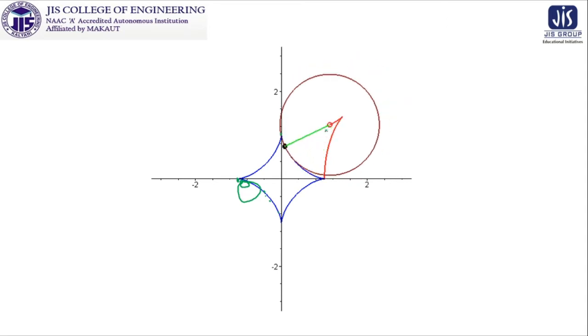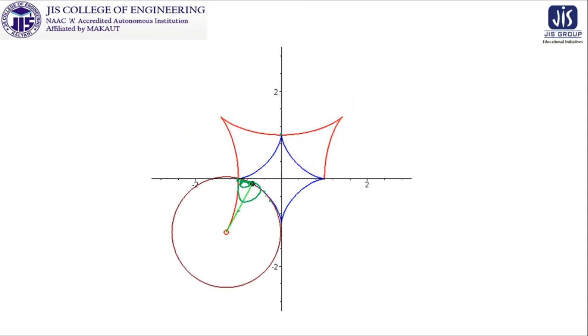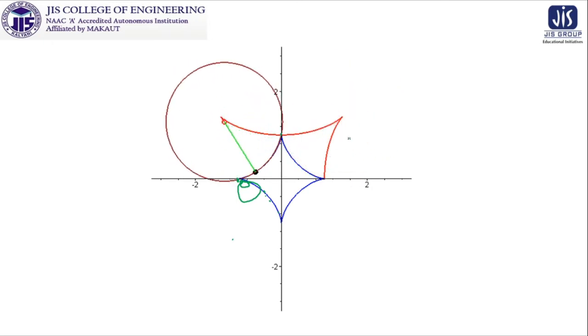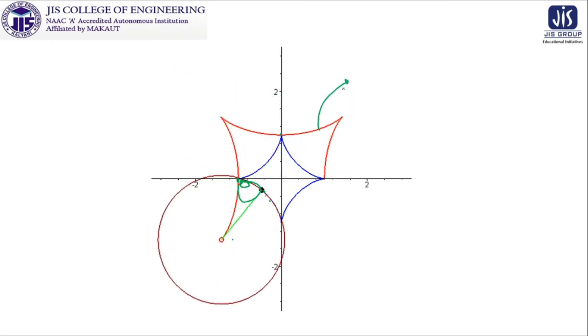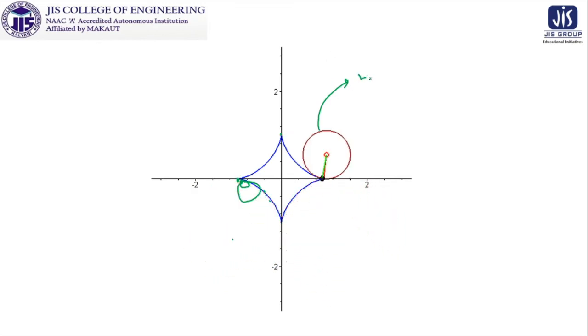Starting from here, the center is moving, coming here, then again here, and newly the structure is generated. So this red line is nothing but the locus of the center of this osculating circle.